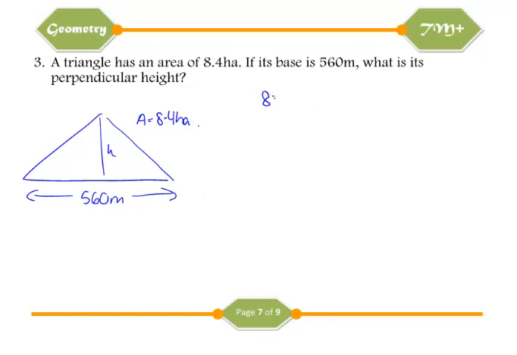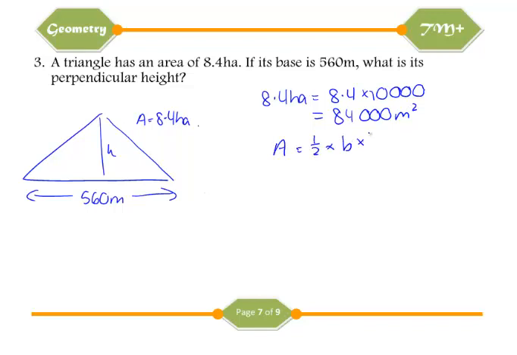Now, you have to convert hectares into meters, and there's 10,000 square meters to hectare, so it's 84,000 square meters. Area of a triangle is half times base times height, so that means 84,000 has to equal a half times 560 times whatever my height is.